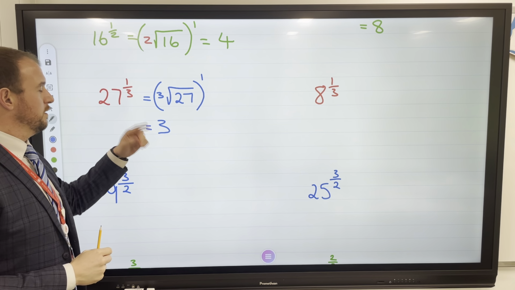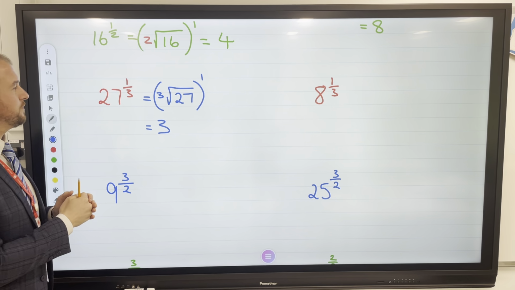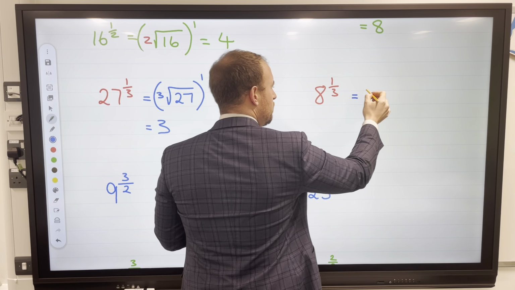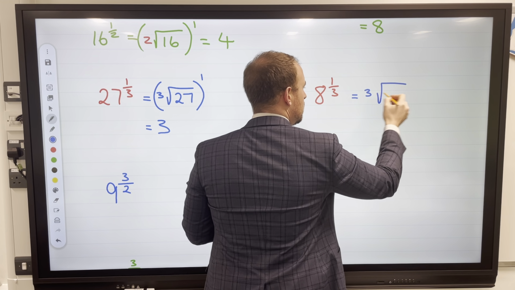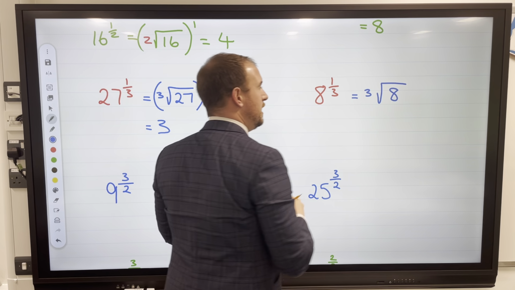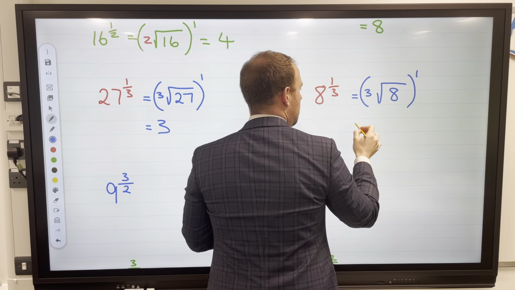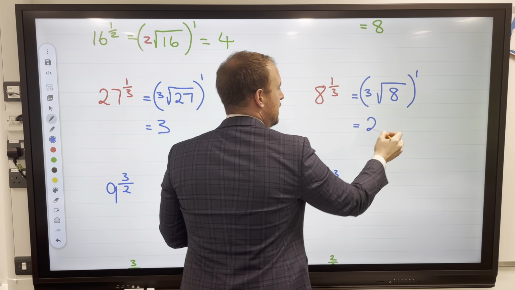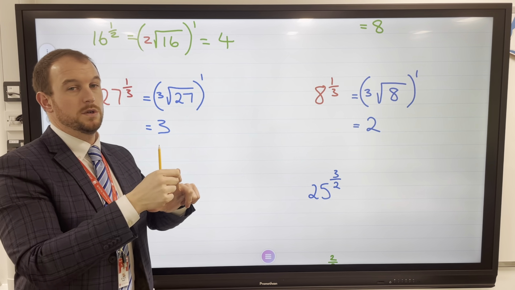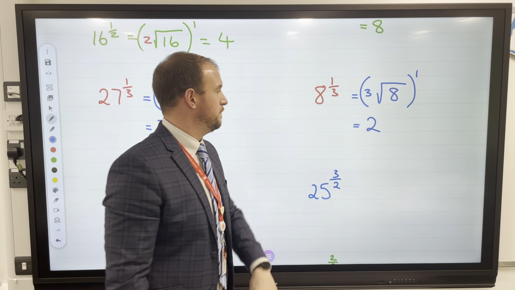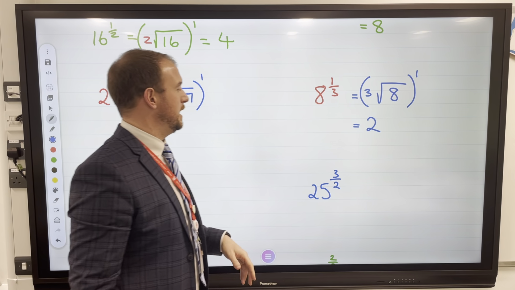To the power of 1 is 3, stays like that. So then over here, the 3 means cubed root of the big number, 8, to the power of 1. Well, cubed root of 8 is 2, because 2 times 2 is 4, times 2 is 8. So the power of 1, obviously, is 2.